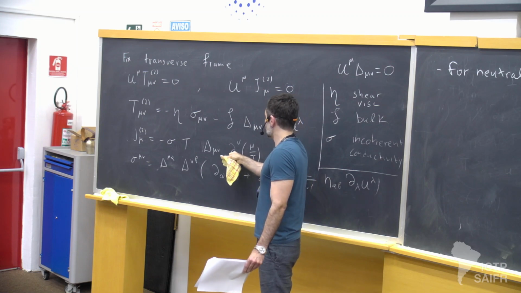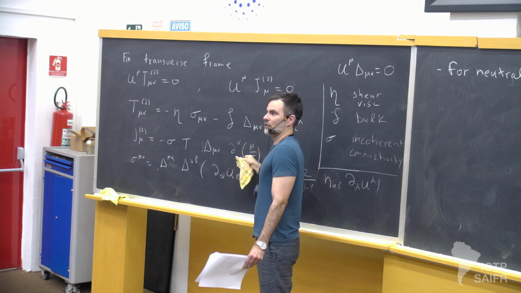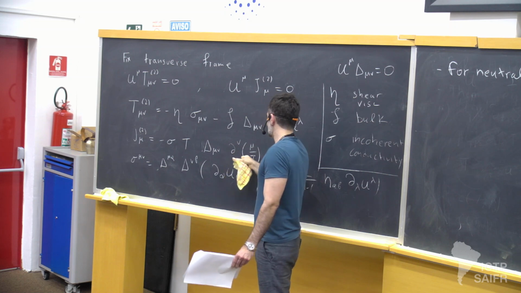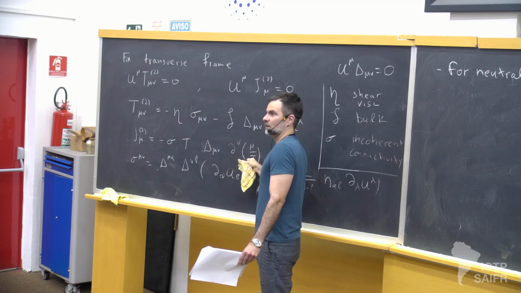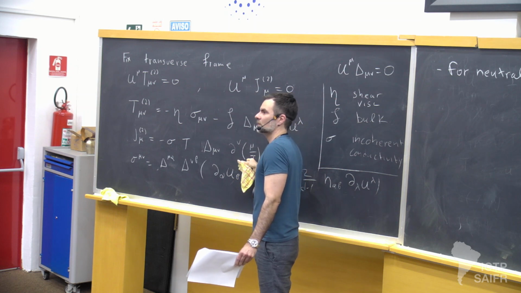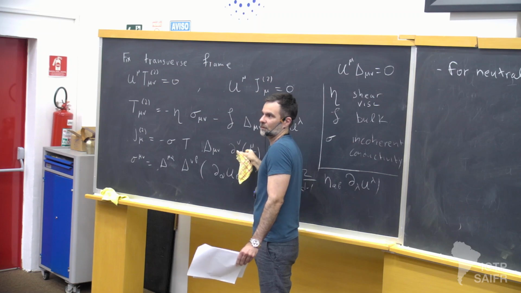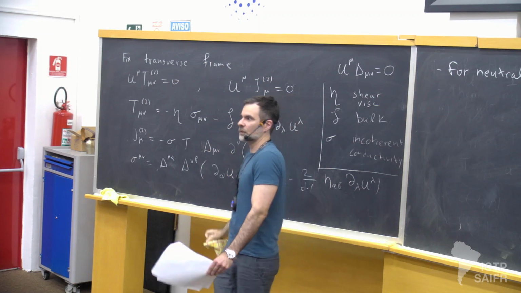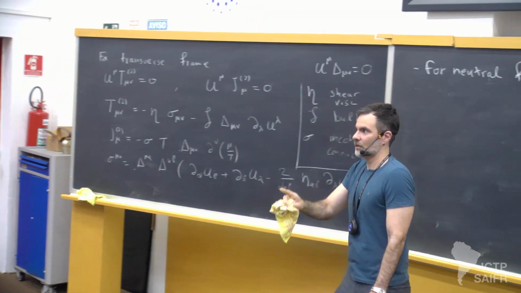Right. So there will be two terms: the derivative on T times mu, that will be 0. But the derivative on mu, that's non-zero, because it will be the fluctuation of mu. Thanks for asking this.